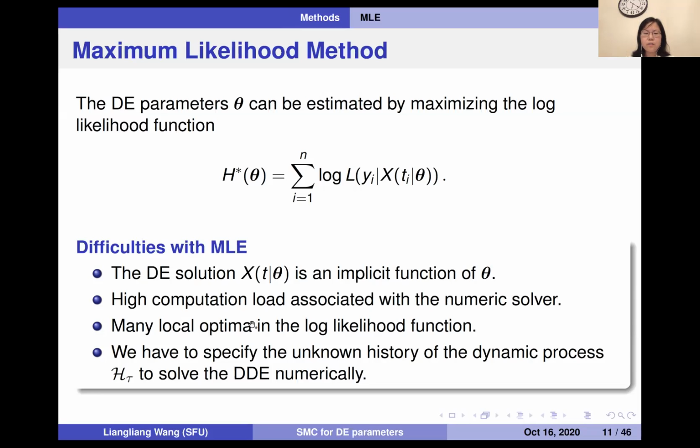It's not easy to optimize it. Also, we need to specify the unknown history of the dynamic process, h sub tau, to solve the DDE numerically. Usually, people choose this history to be the first state. It's just an approximation.